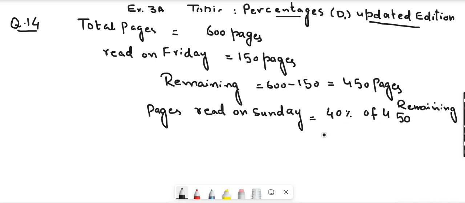From here you calculate the number. This is the percentage given. You will calculate the number and simplify it. It comes to 180 pages he read on Sunday.